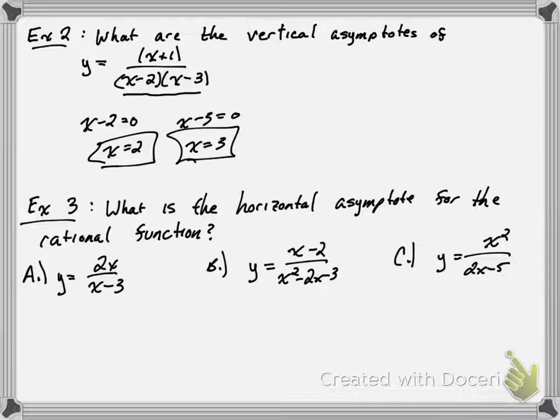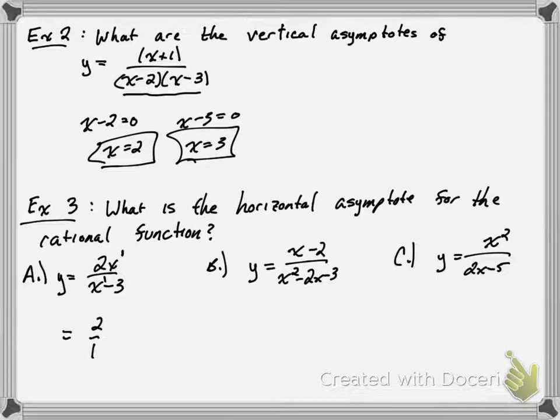If we look at example 3, what is the horizontal asymptote for the rational functions? I'll give you a couple examples here, and it's why I didn't want to get into the definition. But if I'm looking at this function, notice how this is to the first power and this is to the first power. So the powers are the same. When the power up top equals the power in the denominator, it's just the coefficients.